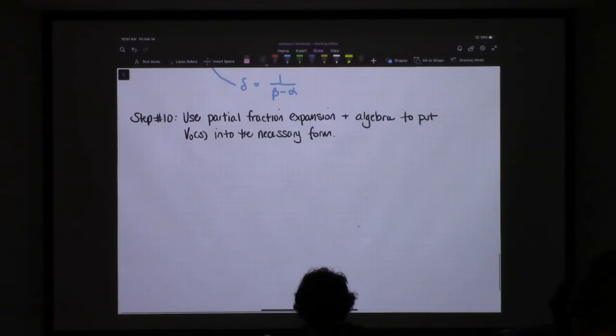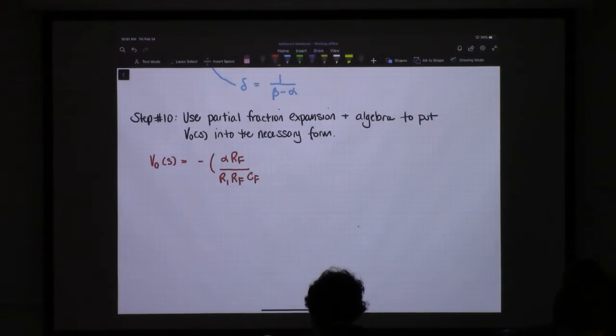Okay, so we start off with V out of S is equal to negative alpha RF over R1 RF CF. And I guess right off the bat, I'm going to leave the RF there for a second.